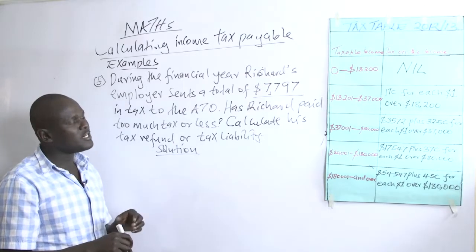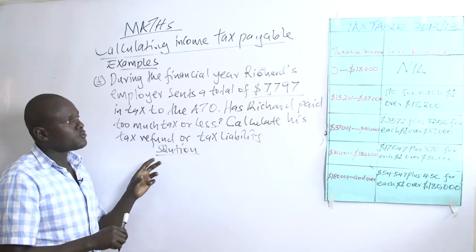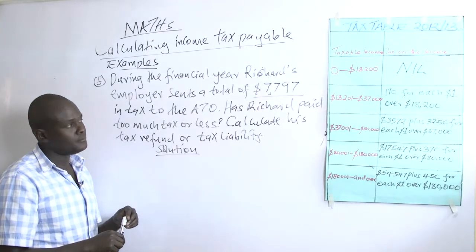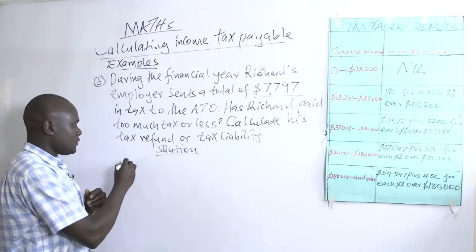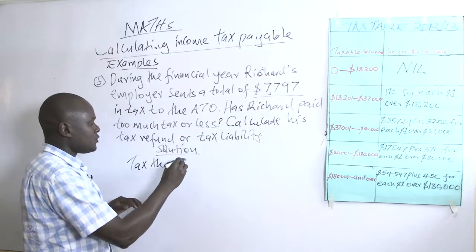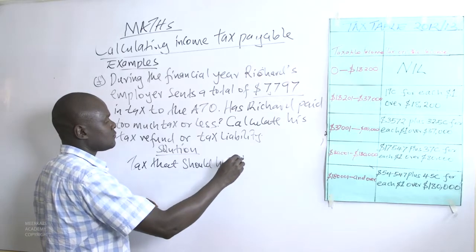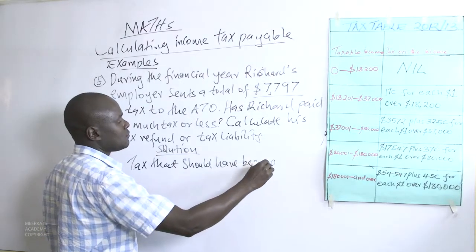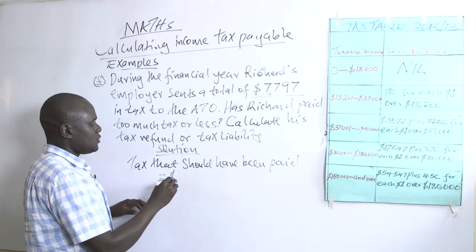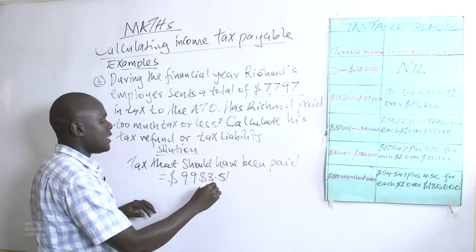But remember, we have already calculated the total taxes that Richard should have paid. So the tax that should have been paid is equal to $9,983.51.